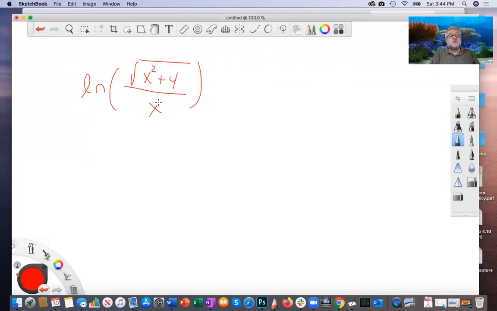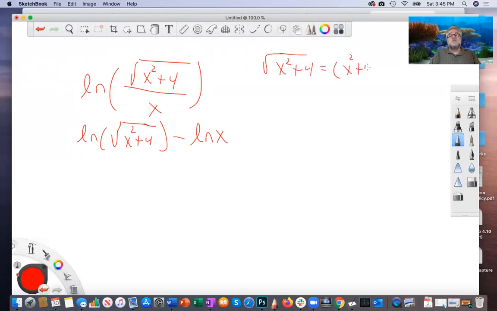Well, first of all, I see the quotient rule, so I can write this as ln of square root of x squared plus 4, minus ln of x. And then I see a square root that I could write as x squared plus 4 to the 1/2. So I can use the little exponent rule and bring that 1/2 out front.